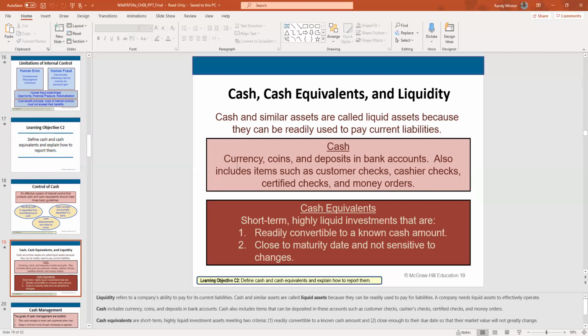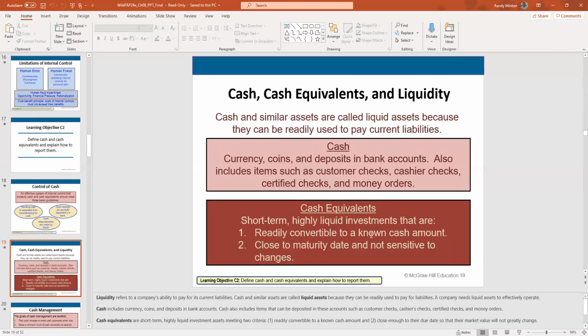Okay, cash, by definition, is currency, coins, and deposits in bank accounts. Could include customers' checks, cashier checks, certified checks, money orders, traveler's checks, those kinds of things. Cash equivalents are short-term, highly liquid investments, readily convertible to a known cash amount.